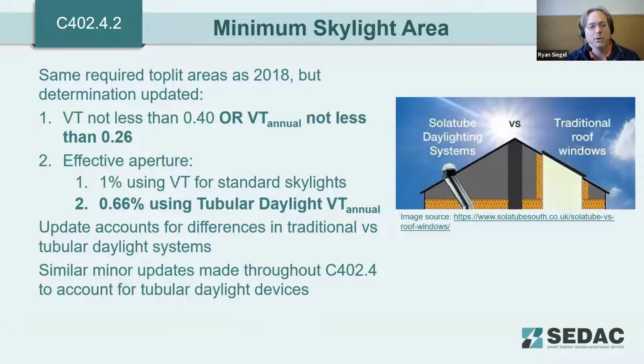It did change how you determine some of this, rather than just doing visible transmittance of 0.4. They also have an annual visible transmittance threshold of 0.26.